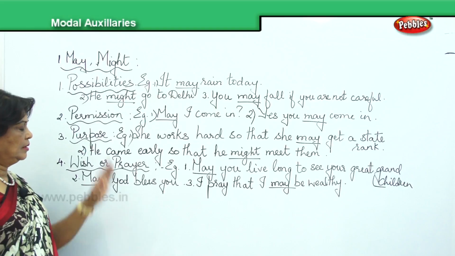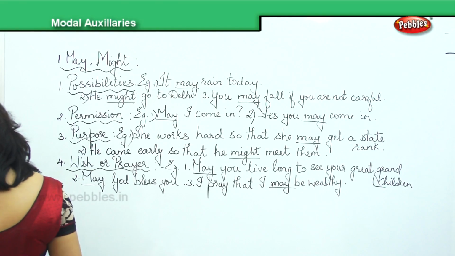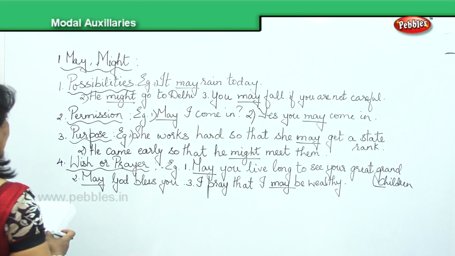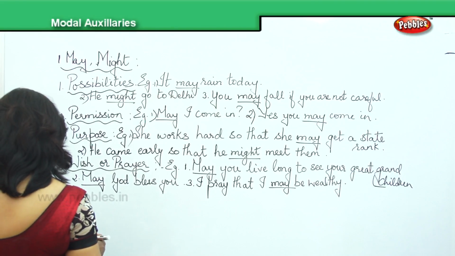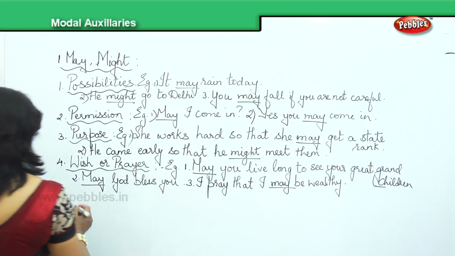Okay. Have you understood so far? So we have seen possibilities, we have seen permission, we have seen purpose, and we have seen wish or prayer. Next one, remote possibility.